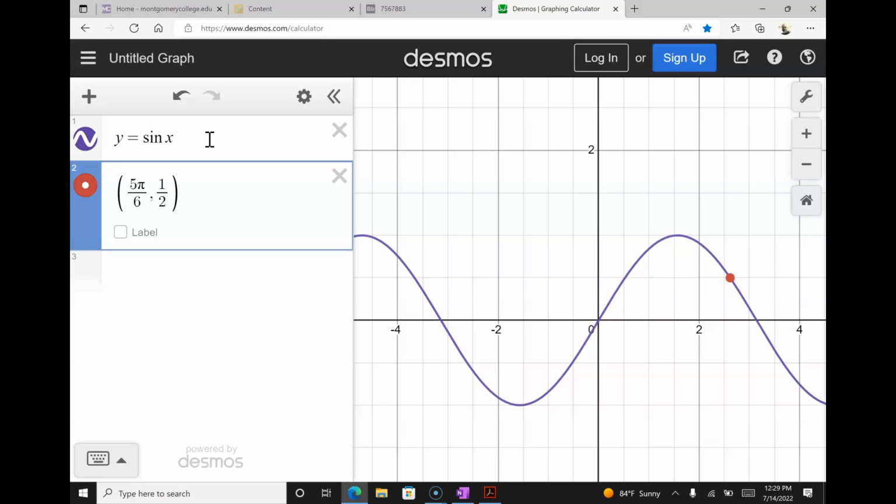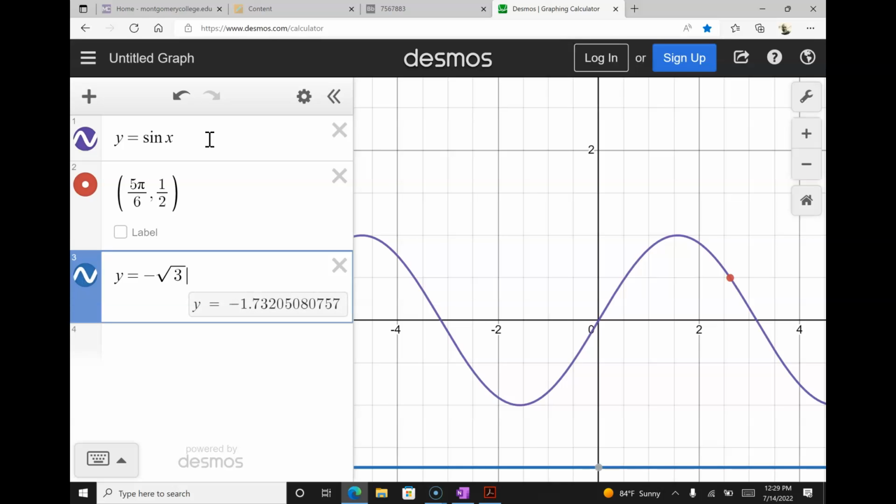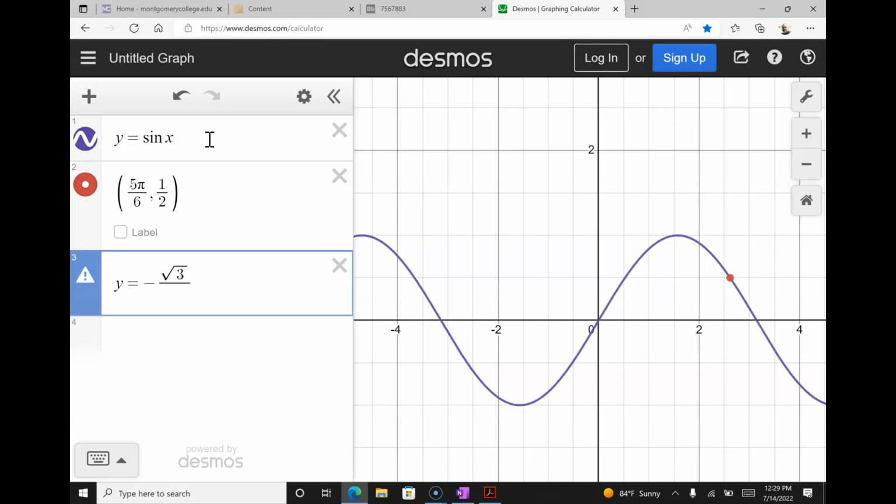And then my tangent line is y equals negative square root of 3 over 2, times x plus 6 plus 5 pi rad 3, all divided by 12. And there's my tangent line.